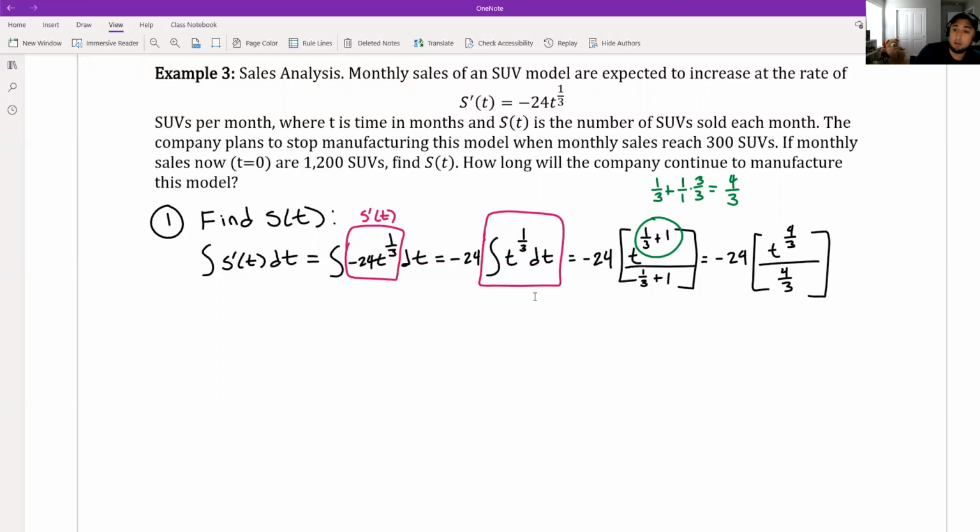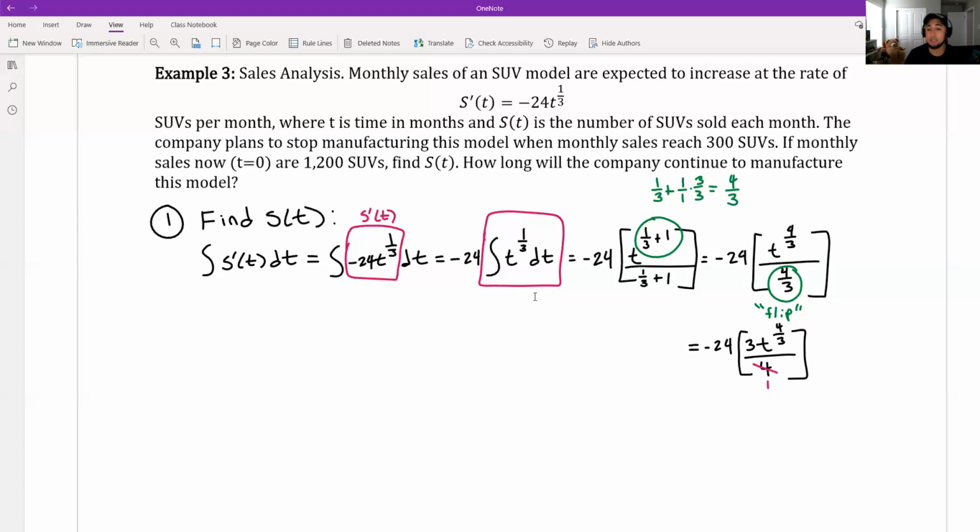All right. Clean it up, because now, what are we going to do with this fraction, 4/3? You're going to flip. So I'll rewrite it down here. This becomes negative 24 times, that 3 goes to the top, 3 t to the 4/3 over 4. Now, this 4 will become 1.